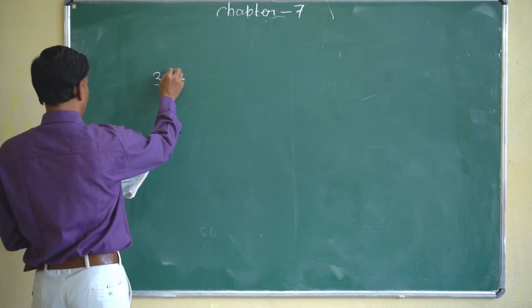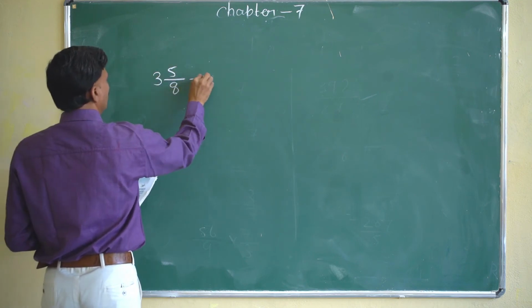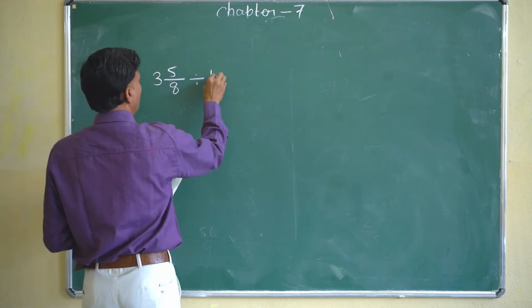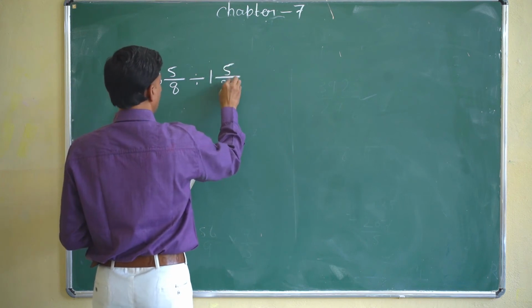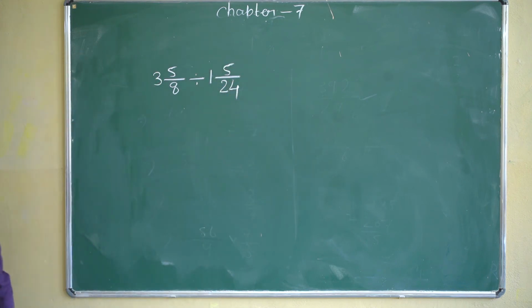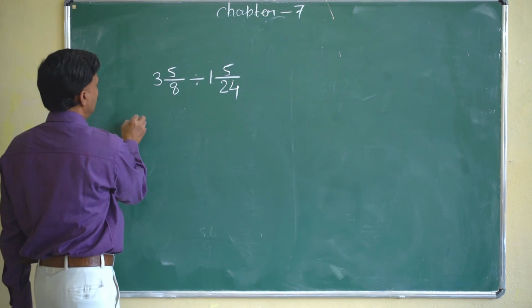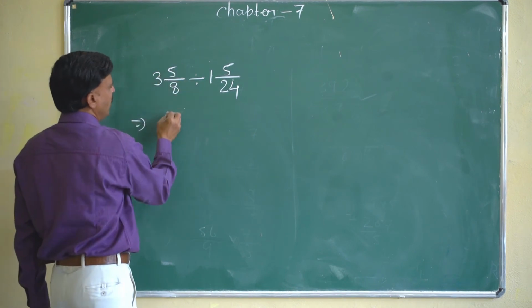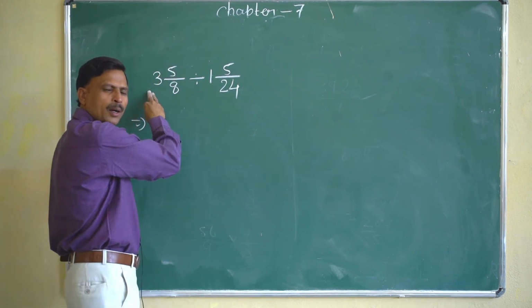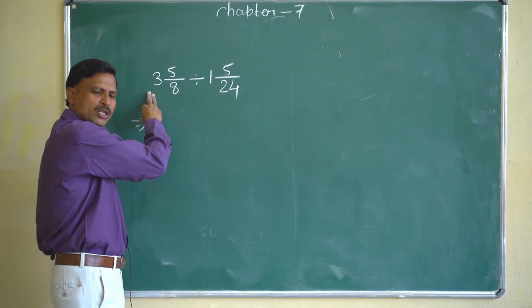3 whole number 5 by 8 divided by 1 whole number 5 by 24. Got it? So here this 3 whole number 5 by 8 first we will convert from mixed to improper.